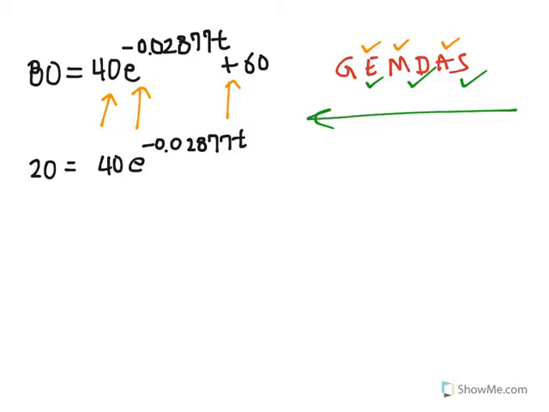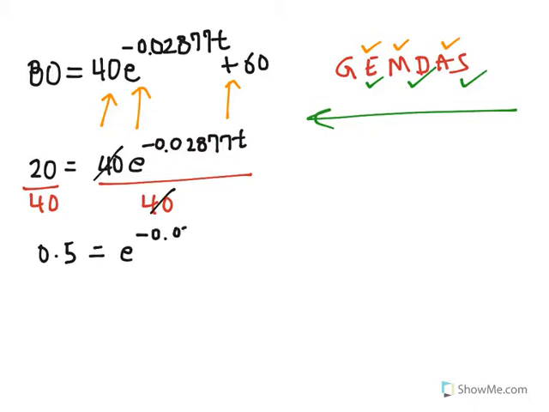And then we need to divide both sides of the equation by 40. 20 divided by 40 is 1/2. So we have 0.5. And on the right side, 40 and 40 will cancel, leaving us with e to the negative 0.02877t. And finally, we have to undo the exponentiation with base e.